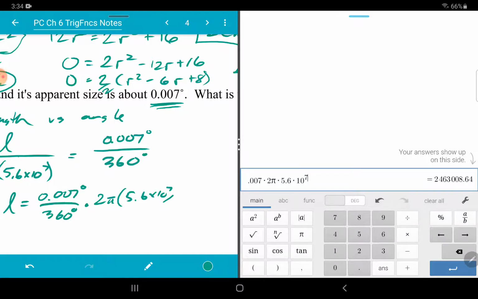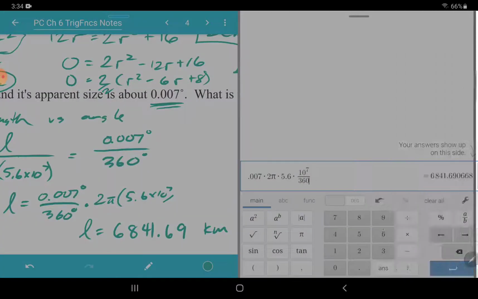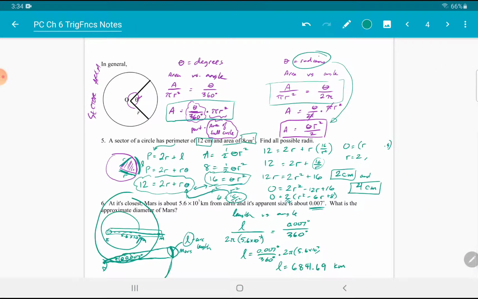And then this value is going to then all be divided by 360. There we go. So our answer is going to be a value, the arc length is 6,841.69, and then we are in kilometers here. Okay, so that'll do it for that problem there. There we go. Okay, so that is the approximate diameter of Mars. There we go.